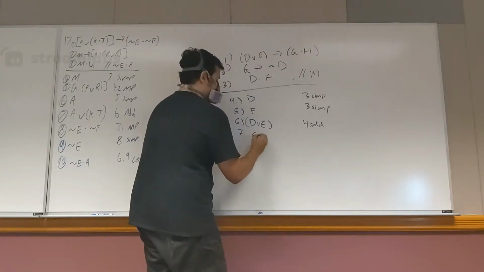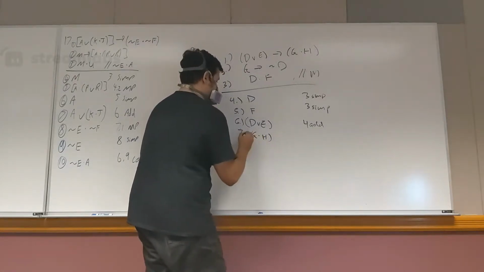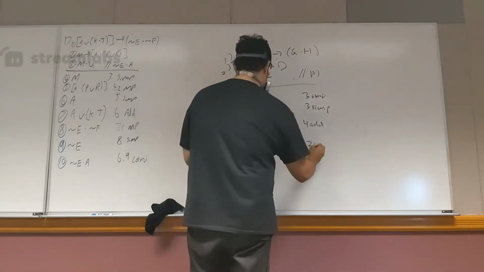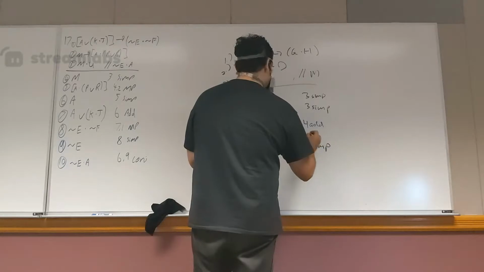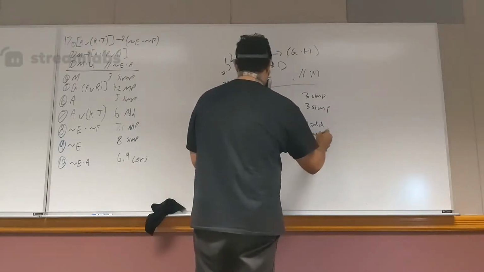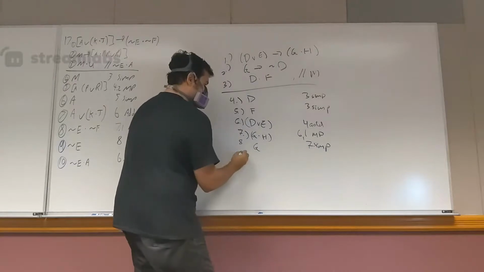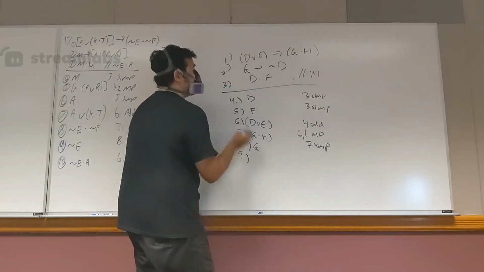After G and H, they got G, simplifying. Then from G they got not D, and they just did D or M.